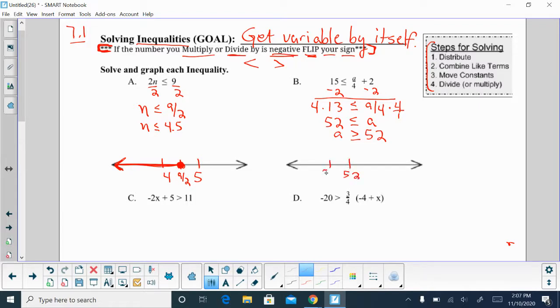And let's put a number on each side to kind of give it reference to where we're at. And in this case, I want to shade everywhere where A is a solution. With the equal sign here, that means 52 is a solution. And greater than or equal to means anything 52 or greater is a solution for my inequality.